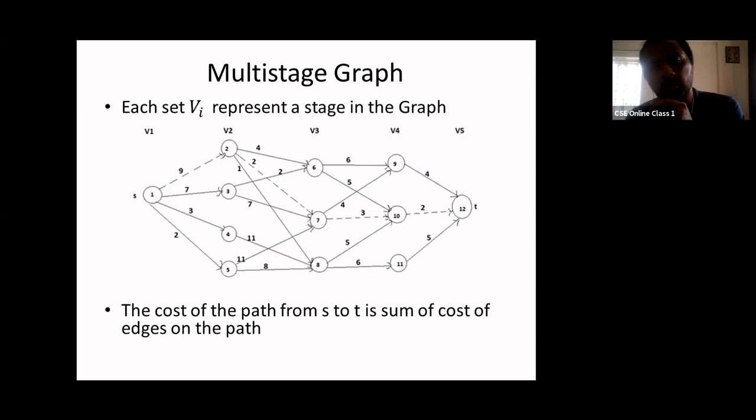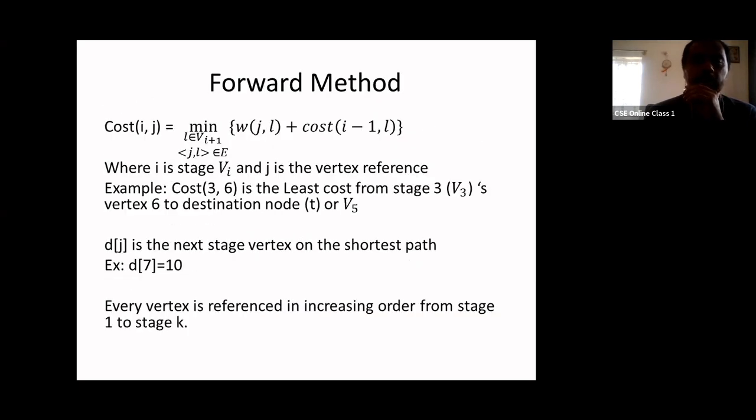Most of the time our notion, whenever we represent a cost matrix, is that one is the row and the other is the column, and both have the same weightage, as both are vertices. Here in the multi-stage graph, when we are solving using the forward technique, cost of the first unit indicates the stage, and the second one indicates the vertex in that stage. Simple.